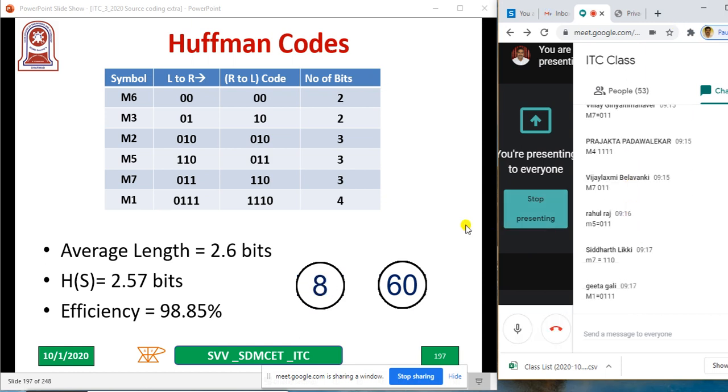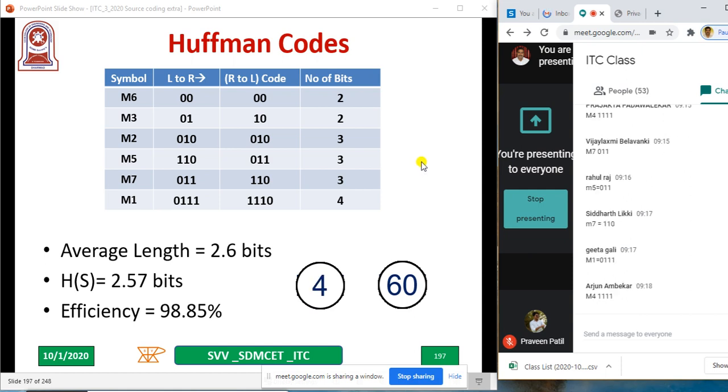So let us go to the next. Vijay Lakshmi has typed, Rahul they have written the code. Now H of S, I'll give another few more seconds, hope most of you are about to complete.